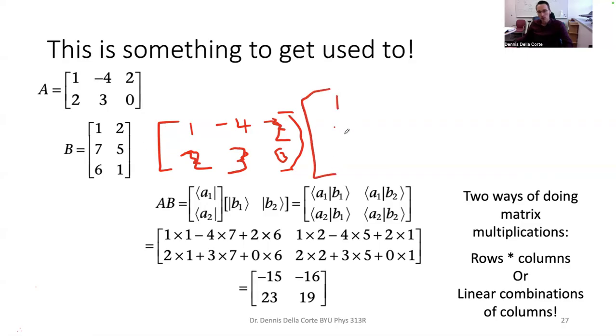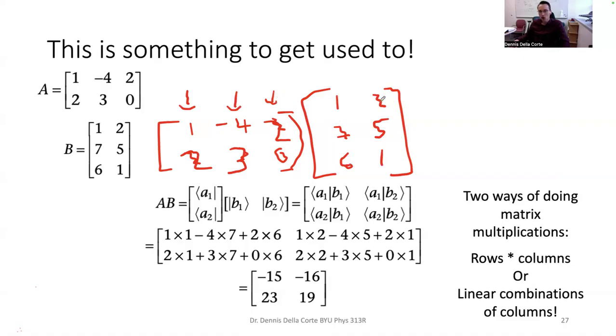So the 1, 7, 6 and 2, 5, 1. Now the way I would interpret this is that these are 3 columns: a 1, 2 column, a -4, 3 column, and a 2, 0 column.